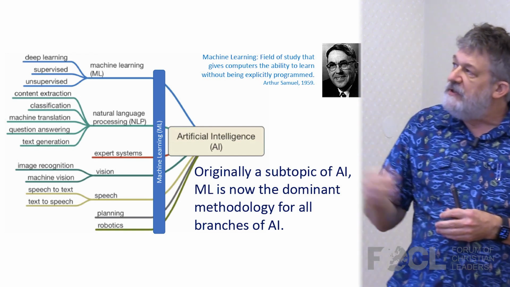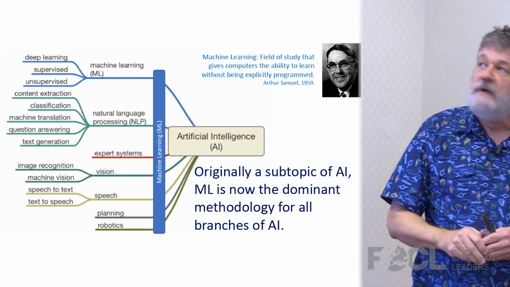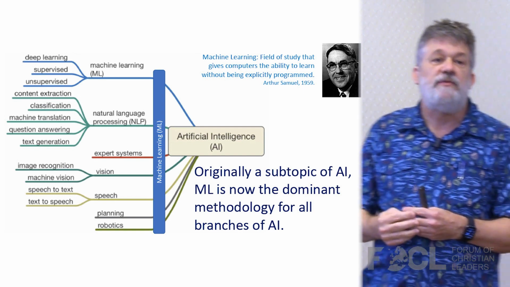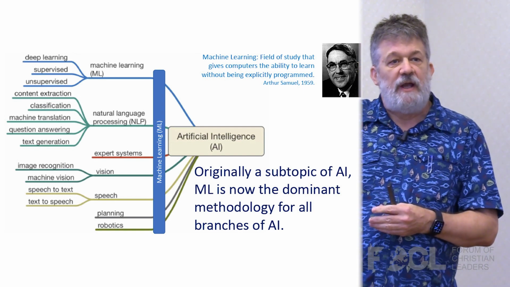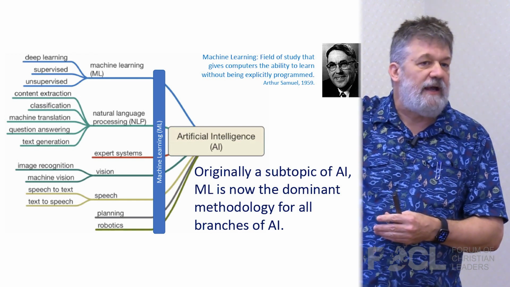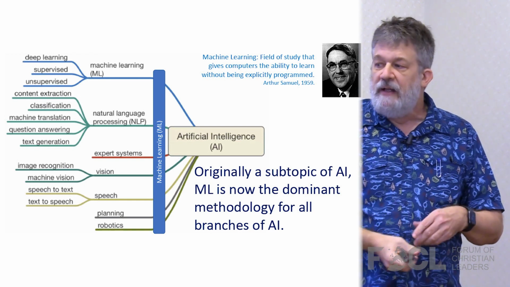Up until about 2012, machine learning was just one of those branches. Since 2012, machine learning has become the method that almost all of these other branches of AI use. So machine learning went from being one of our siblings to the person in charge, sort of like Joseph, the lead brother.